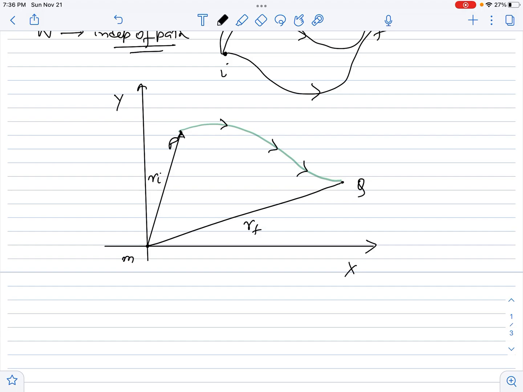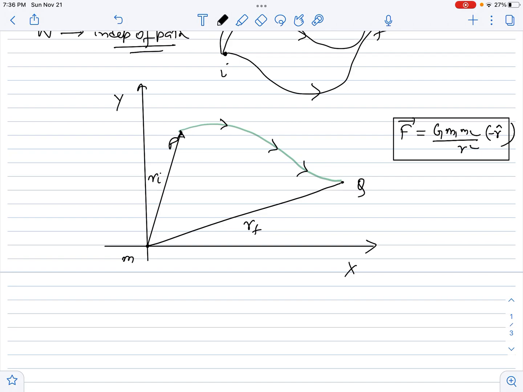You can say the force is F equal to G m1 m2 by r square in the radially inward direction. At any position vector r, force is like this only.